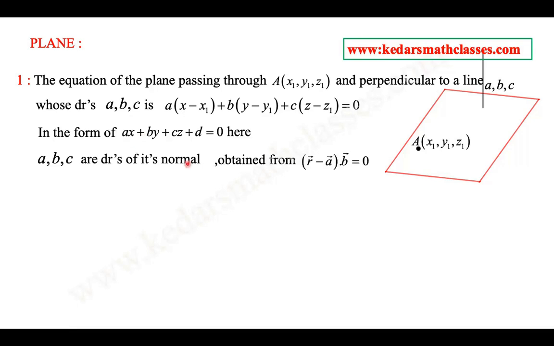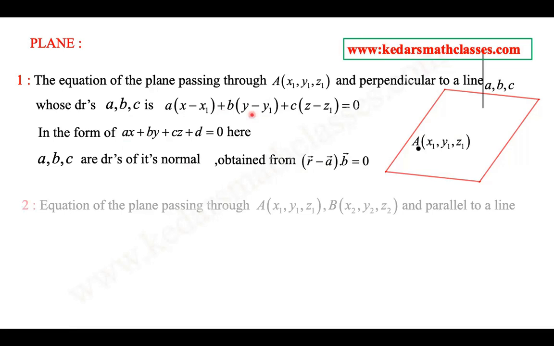Right, and this is obtained from the equation r minus a dot b is equal to 0. This is the plane passing through the point A, whose position vector is vector A and perpendicular to vector B. R means position vector of the general point, that is xi plus yj plus zk. When we substitute here, you will get that plane equation exactly like this.